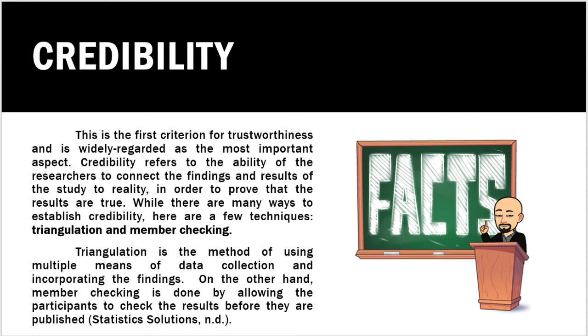So we do that by member checking. Once we are done with the transcription of the interview, we can show the results of the transcription to your participants and see if they want to retain, change, or omit some parts of their statements, because it is their right to do that. And this is according to Statistics Solutions.